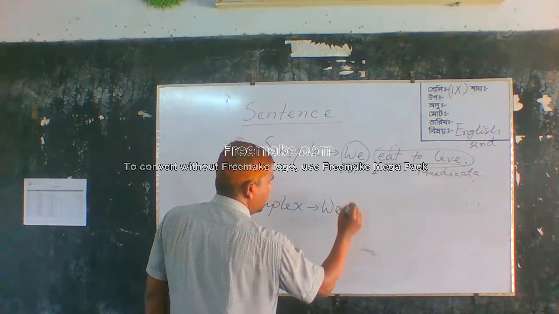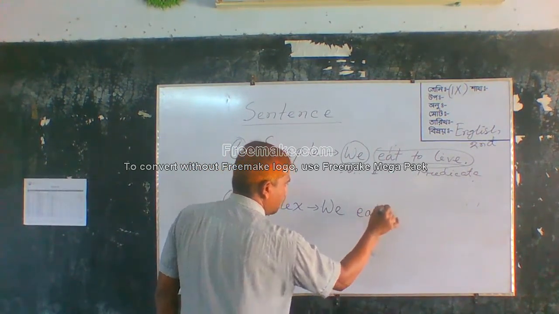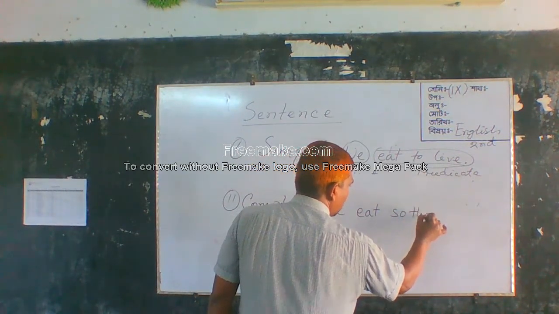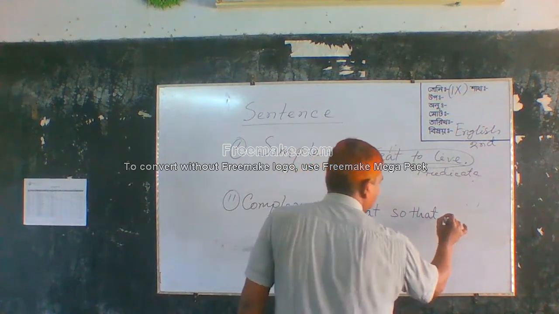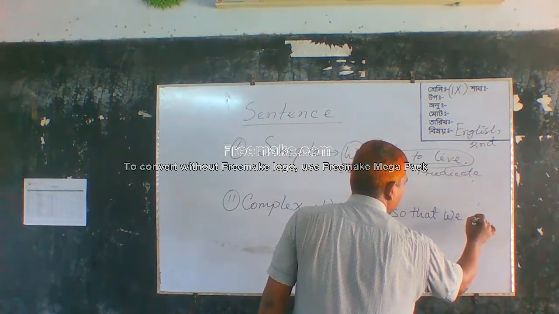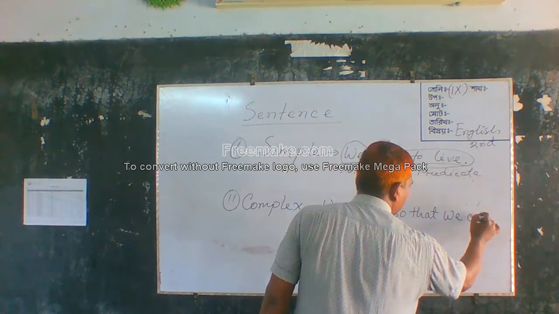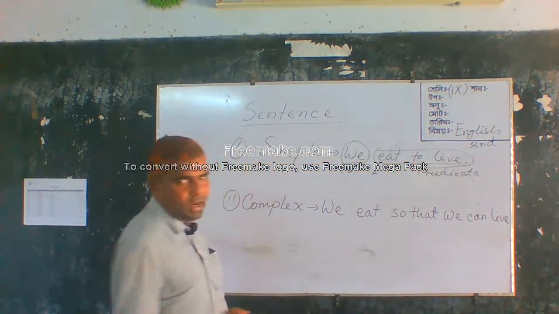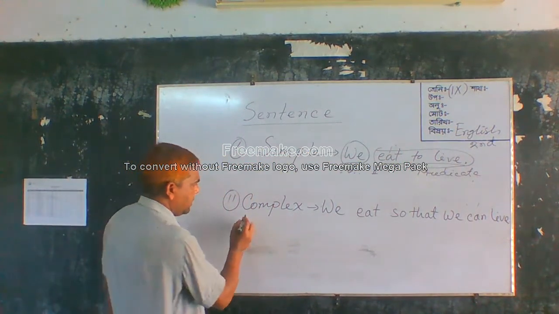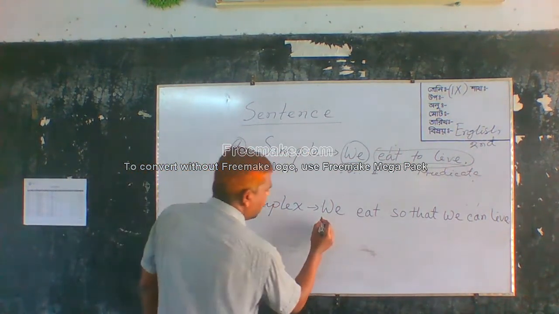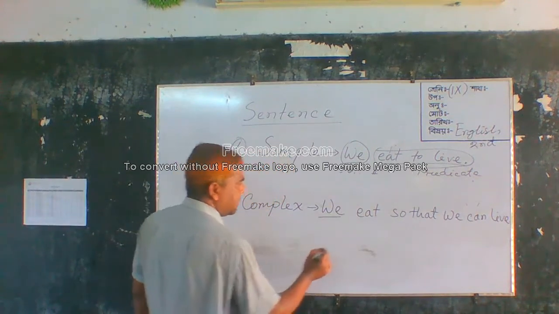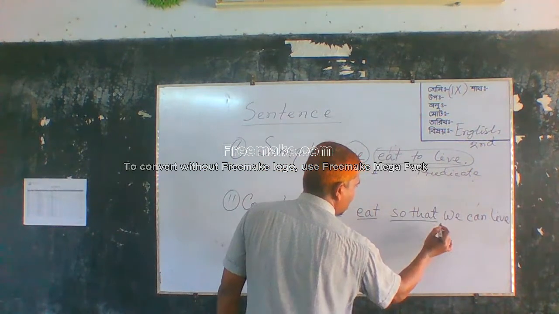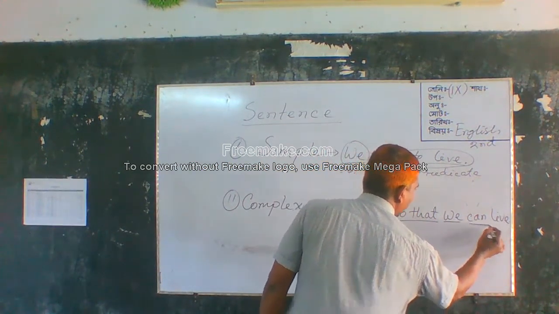We eat so that we can live. Dear learners, look at it attentively. Here we can see one subject, one predicate, conjunction, subject, predicate.